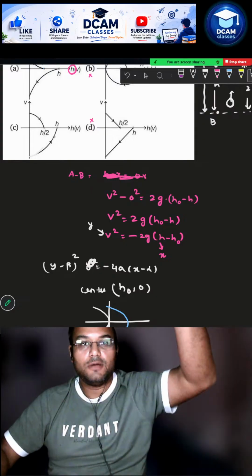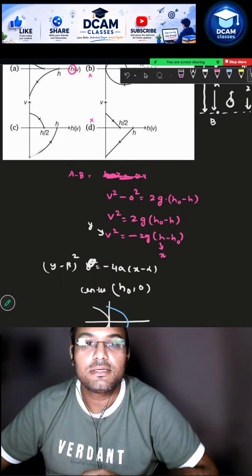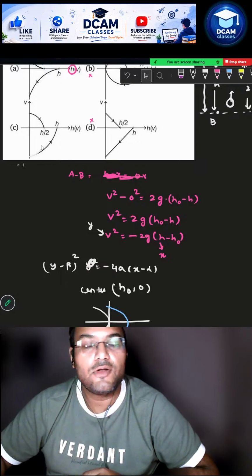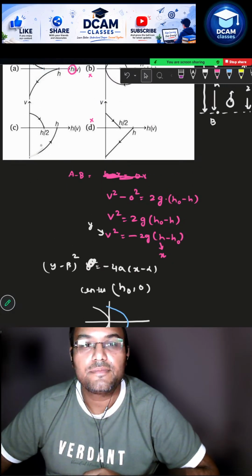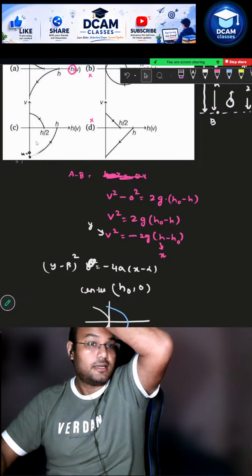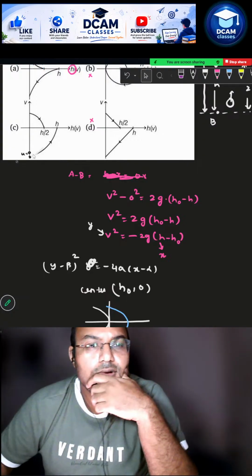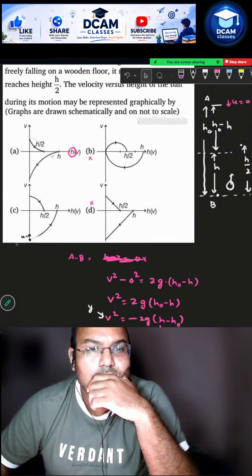It means when it is dropped, the motion started from this, because the velocity was 0 here. Here the velocity was 0, u was 0, dropped. But no, it's not like that.